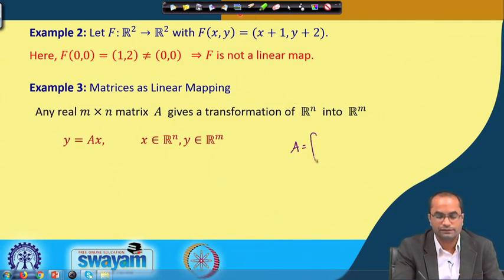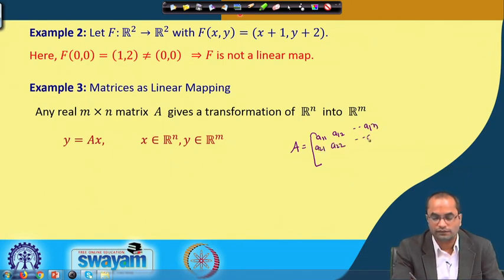This one can see easily, because if we consider a matrix of order m cross n, it is A 1 1, A 1 2 up to A 1 n, A 2 1, A 2 2 and so on up to A 2 n, and then the mth row: A m 1, A m 2 and A m n at the last element.